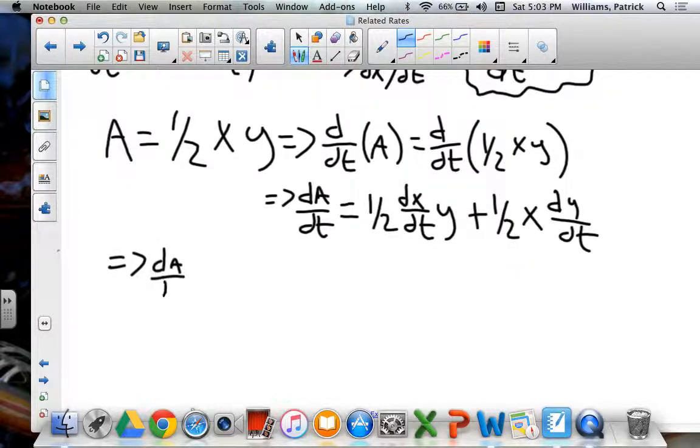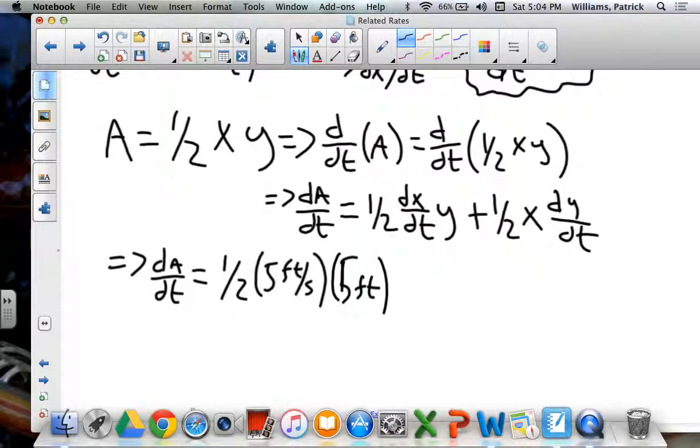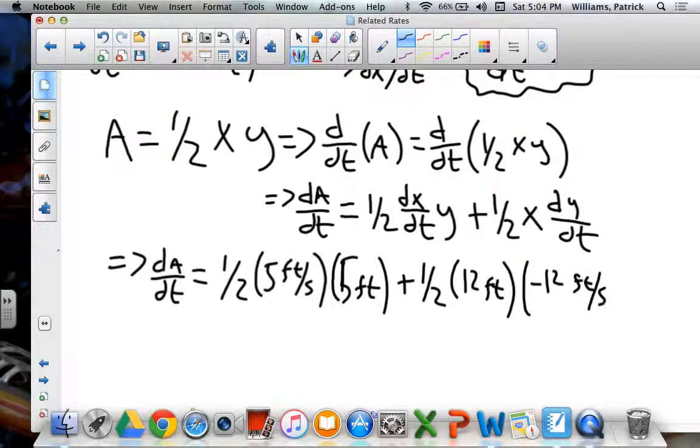So we get dA/dt is equal to 1/2 times dx/dt, which was 5 feet per second, times y, or I'm sorry, y was equal to 5 feet. And then we had plus 1/2 x, which was 12 feet, times dy/dt, which was negative 12 feet per second, correct?